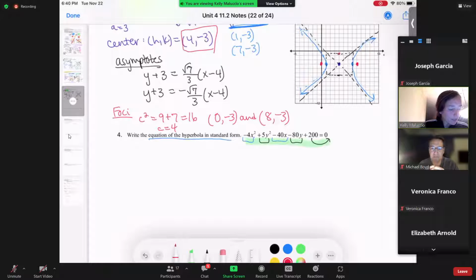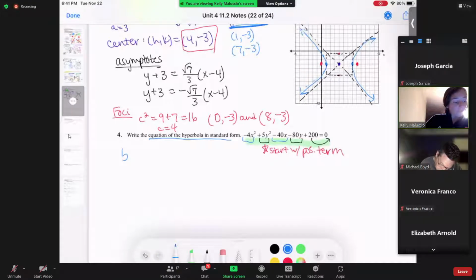So I'm going to say start with the positive term. One of them is going to be negative, the X squared or the Y squared, because if one of them is not negative, it's not a hyperbola, right? So one of them has to be negative. And I'm talking about the squared terms. And so we start with the positive one.